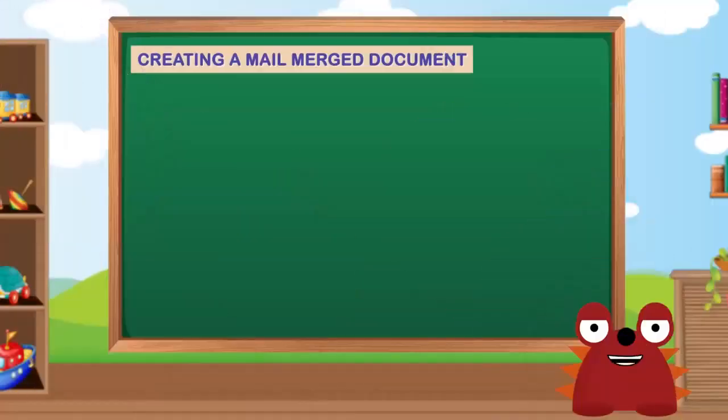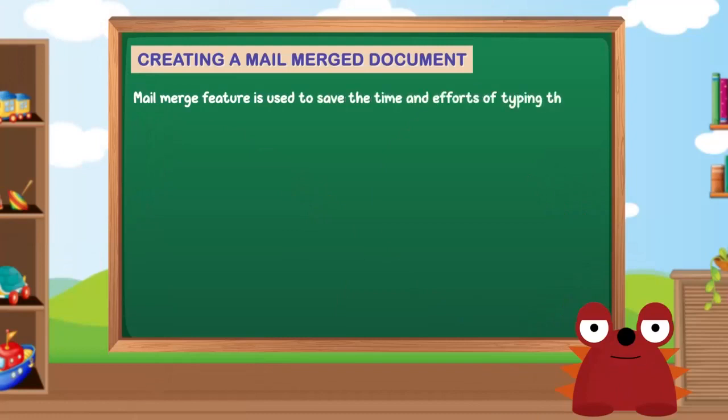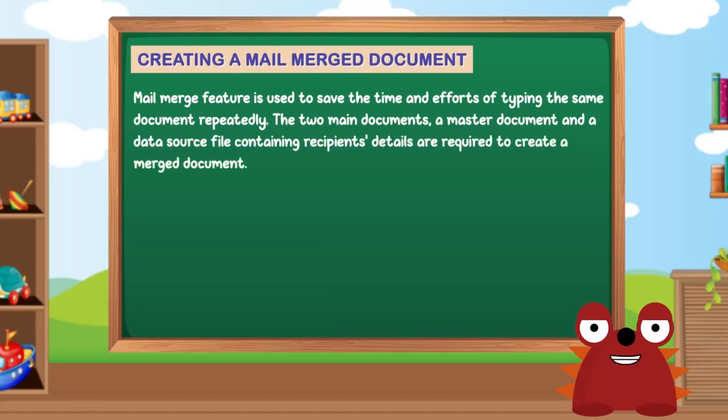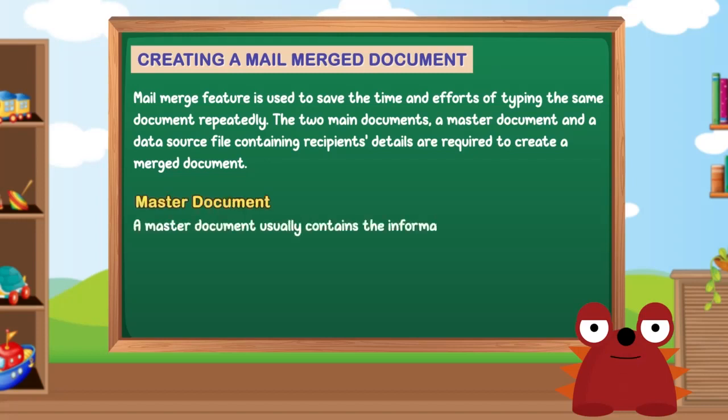Now about creating a mail merge document. The mail merge feature is used to save the time and effort of typing the same document repeatedly. Two main documents, a master document and a data source file containing recipients' details, are required to create a merged document. A master document usually contains the information that you want to send to all recipients.